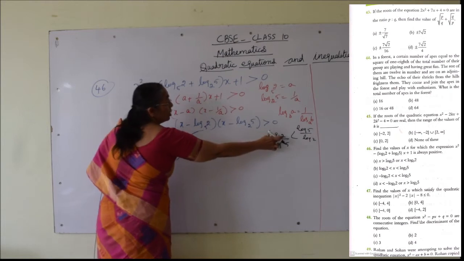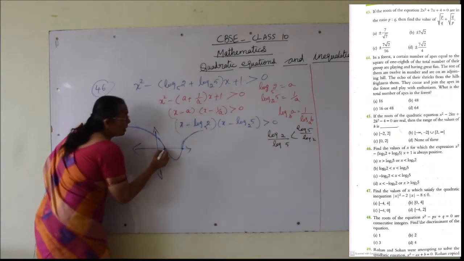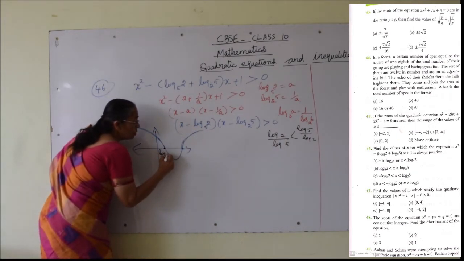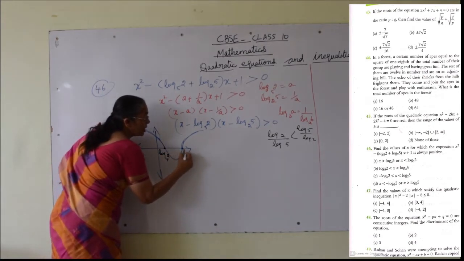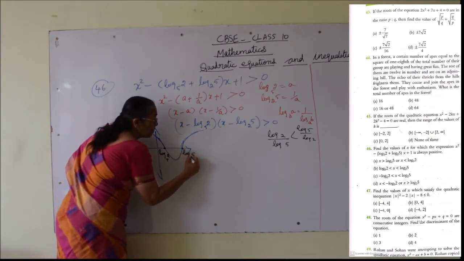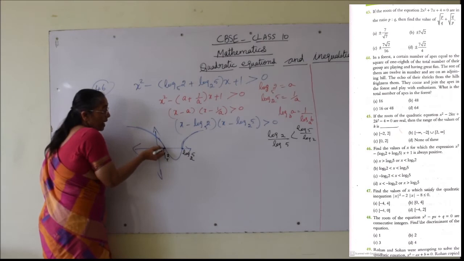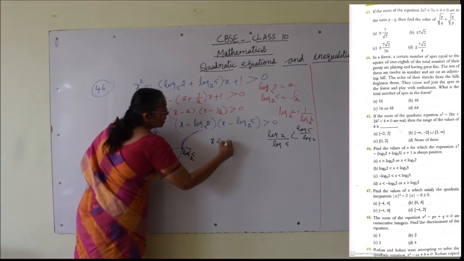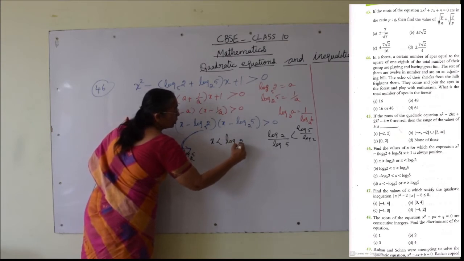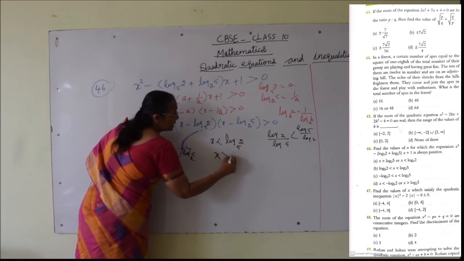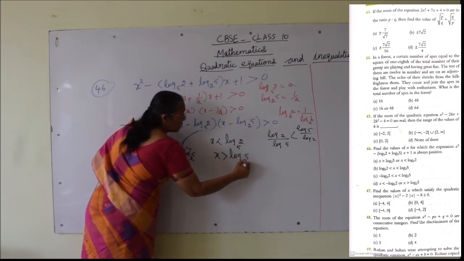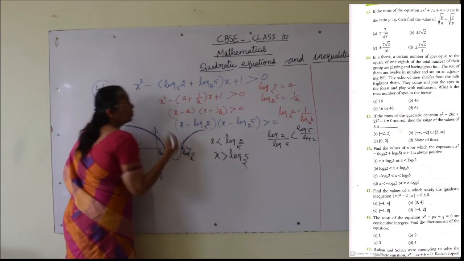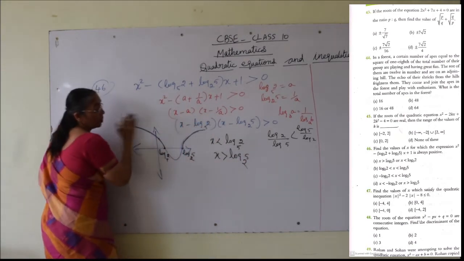So, this log 2 base 5 we will mark here, and this is log 5 base 2. So, for x values less than log 2 base 5, and x greater than log 5 base 2, the whole expression is positive.